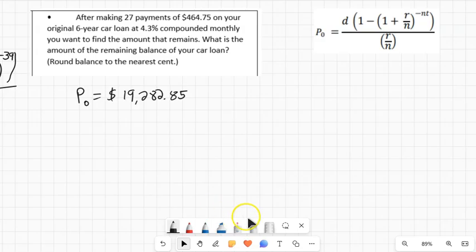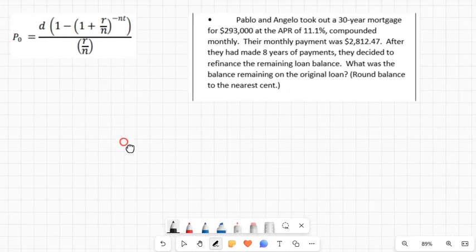Okay, pause it again and work out the next question. Before you do, I do want to say that this value is not how many payments you've made, it's how many years have gone by. So this time you can't use the remaining as the NT, you have to figure out how many years are remaining and use that for T and stick with the same N equals 12.